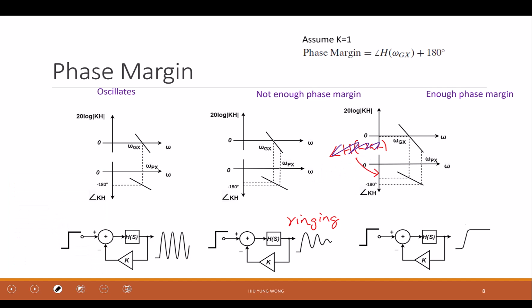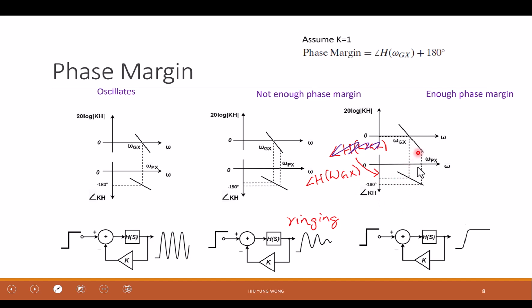Still difficult to read. Angle of H at omega gain crossover. Okay? And then the difference between this and negative 180 degrees is the phase margin.